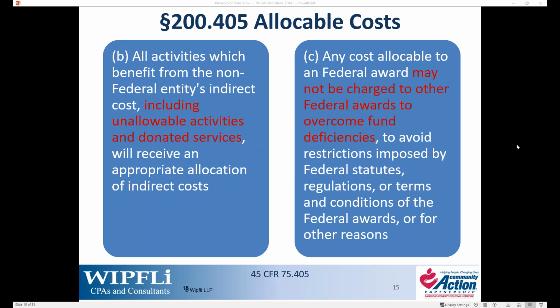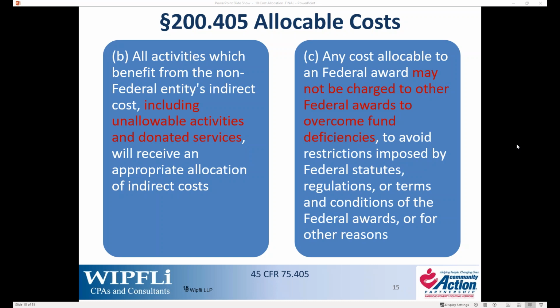As long as the program is still benefiting from the cost, you need to continue to allocate to that program. Because if you stop allocating to that program just because they can't or won't pay, you're shifting costs to another program and they're paying more than their fair share, paying more than they are benefiting for. So you want to be very careful about that.